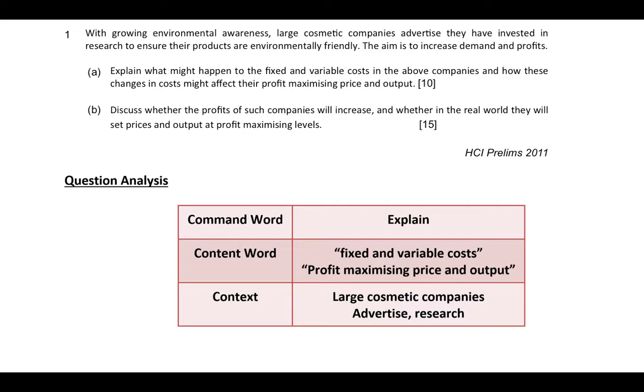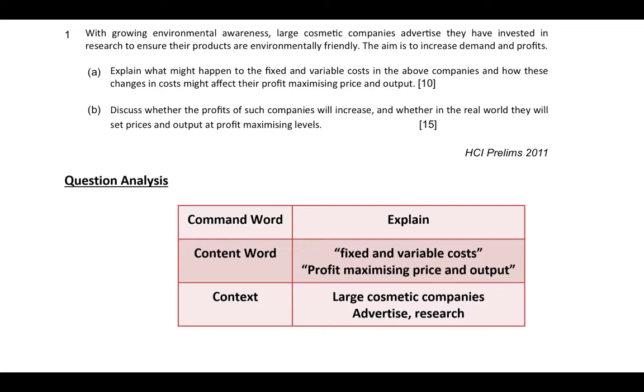Alright, what do we need to elaborate on? What would happen to your fixed and variable costs due to these changes in cost that we see above? So what is this change in cost? This advertisement that your cosmetic companies are doing, that is one strategy that they undertook. So how does that affect your cost?